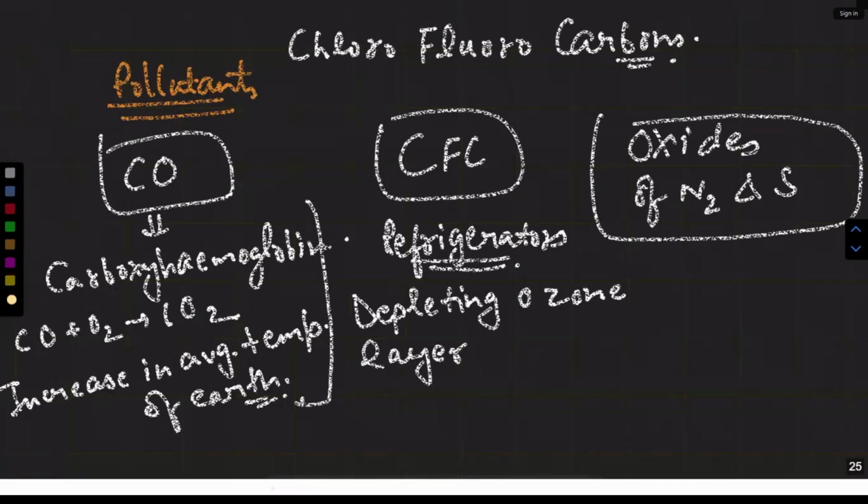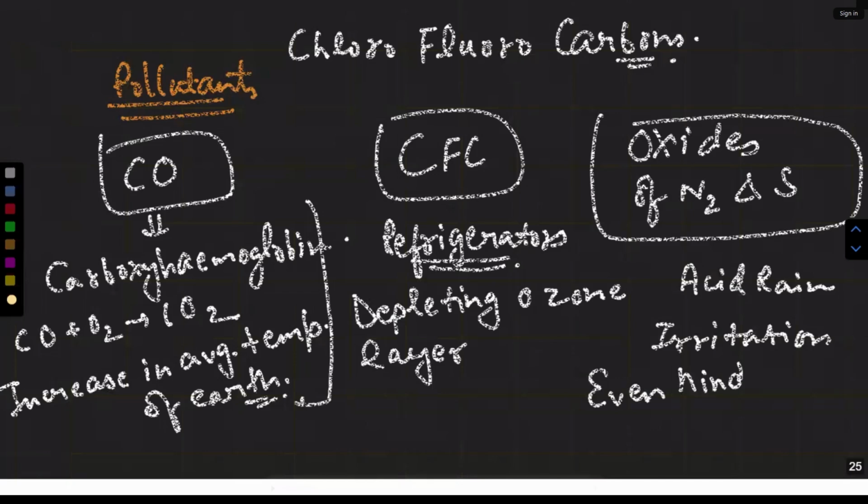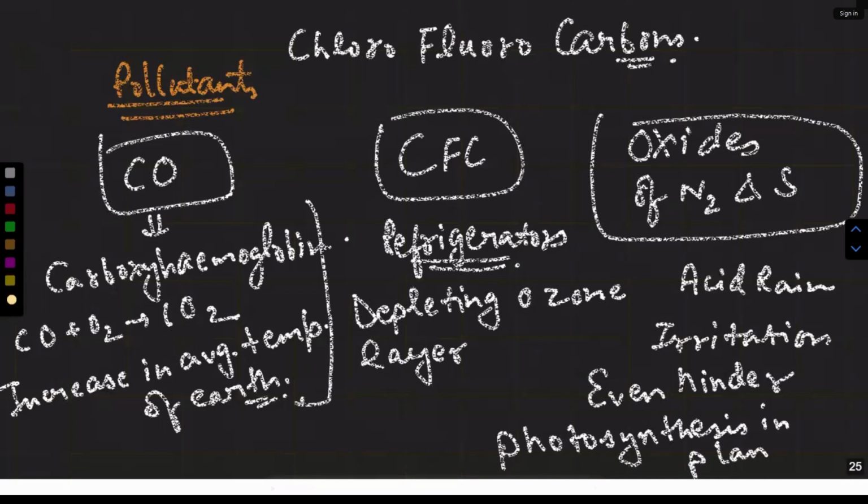Coming on to oxides of nitrogen and sulfur, they are involved in acid rain. They cause irritation, and they even hinder photosynthesis in plants.